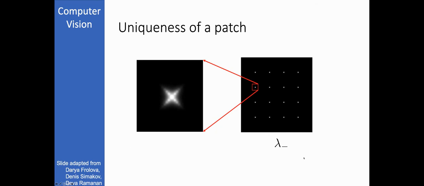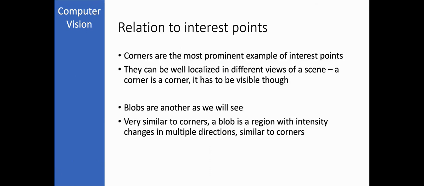And I also see that the smallest eigenvalue is only very large at the corners, meaning that corners are really interesting points. They're distinctive. Indeed, corners are the most prominent examples of interest points. They can be well localized in different views of a scene. So a corner is a corner, even if it's viewed from different angles, as long as it's visible.